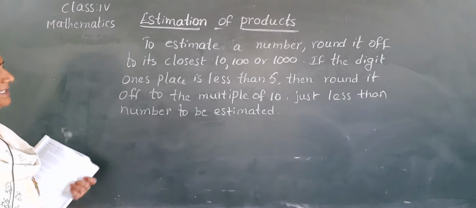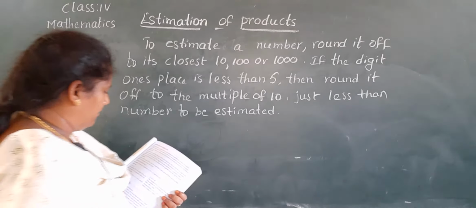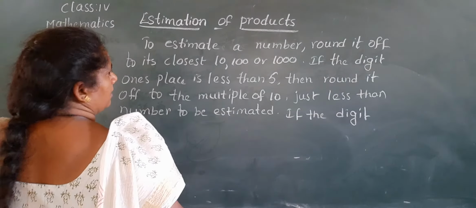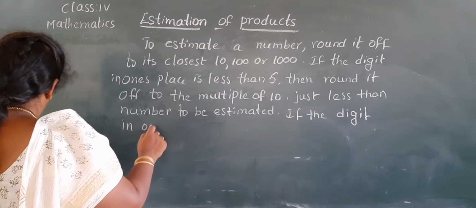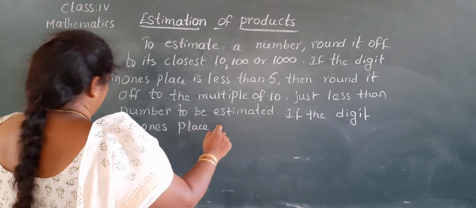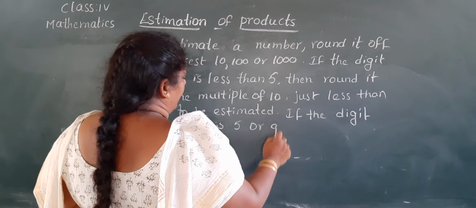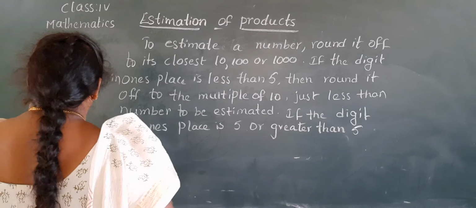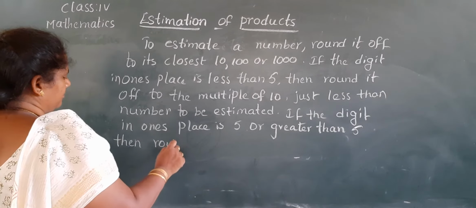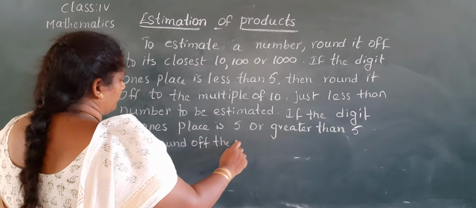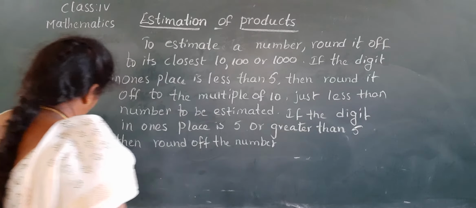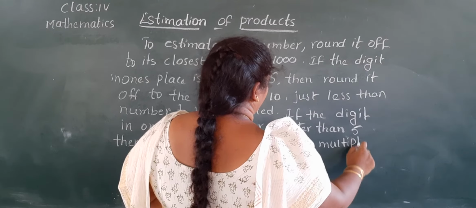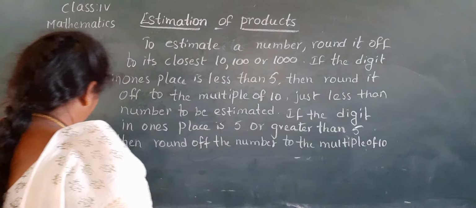Okay. So if the digit in the ones place is 5 or greater than 5, then round off the number to the multiple of 10 just greater than that number.